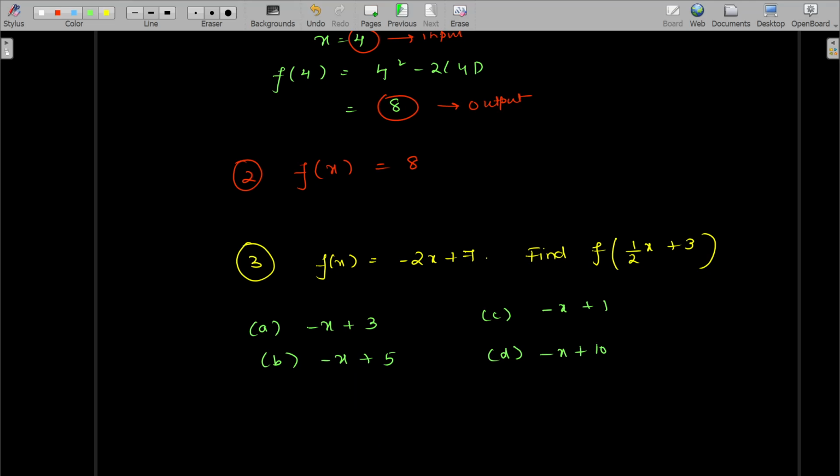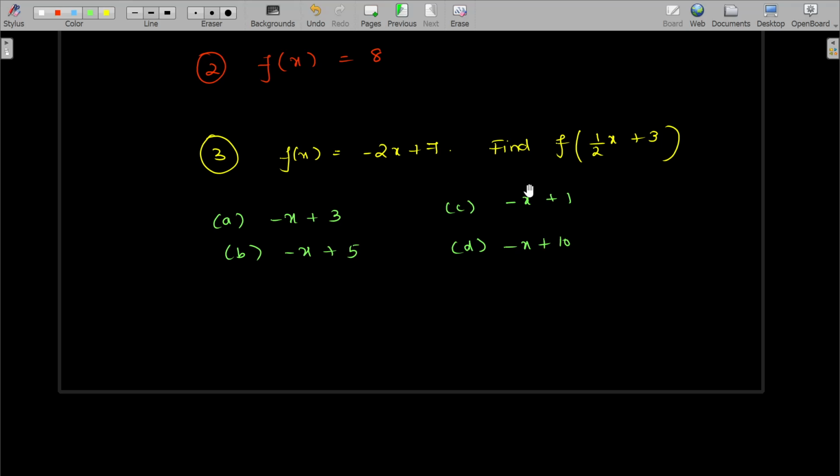Can you try this one? So this time this is the input, and in this definition, instead of x, we will just put this expression.